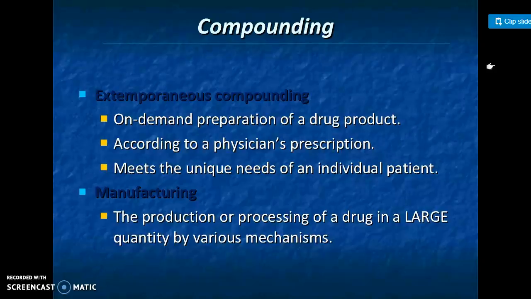And then you have manufacturing. The production or processing of a drug in a large quantity is done by many different types of mechanisms. Tablets, if you look at certain videos for aspirin, for example, you can see that the process is basically a large conveyor belt and moves very, very quickly.